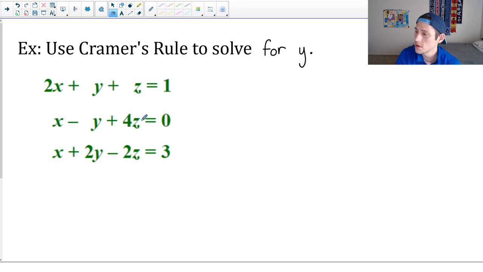So use Cramer's rule to solve for Y. Okay, and you can't even tell this is all just perfectly normal. Indistinguishable. I didn't edit this at all.